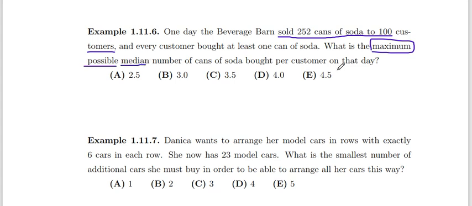Okay, so here let's say if everyone bought two, so let's say there's a problem. What is the median number of cans sold? What is the maximum possible? So maximum possible median.